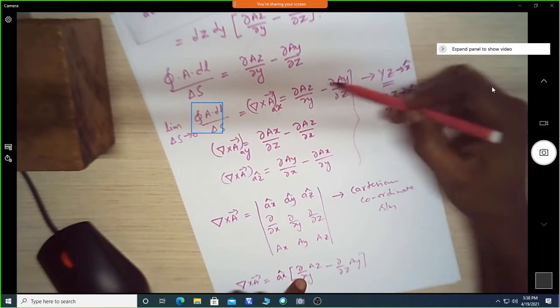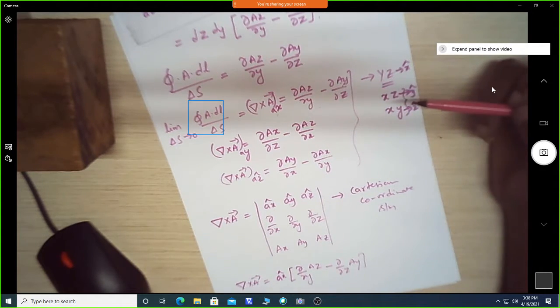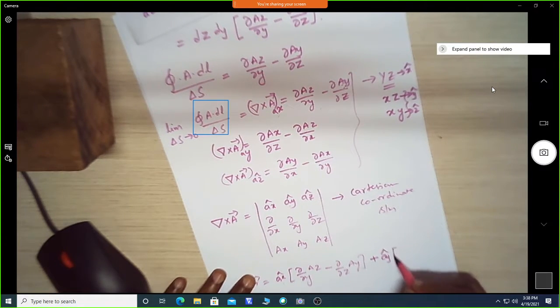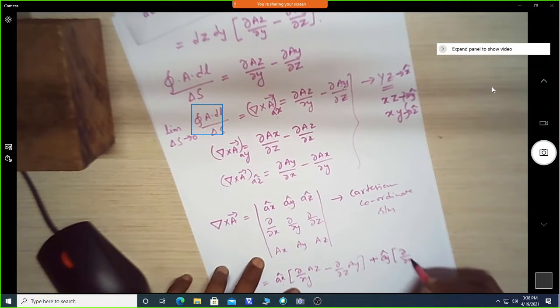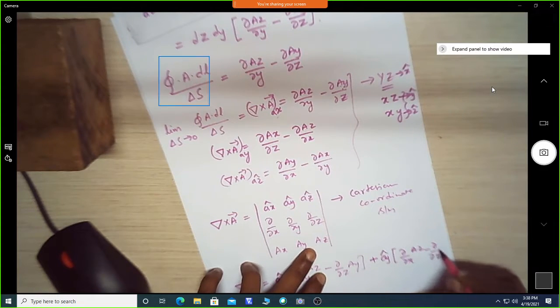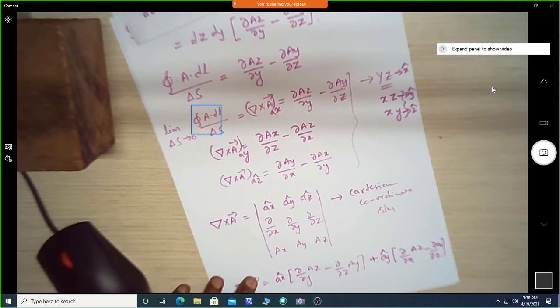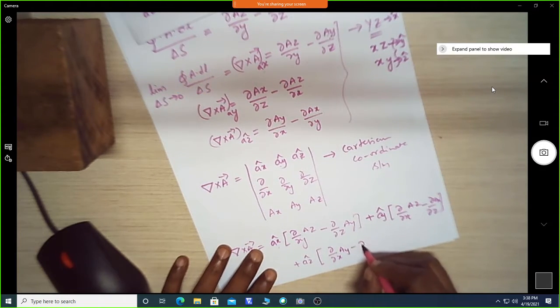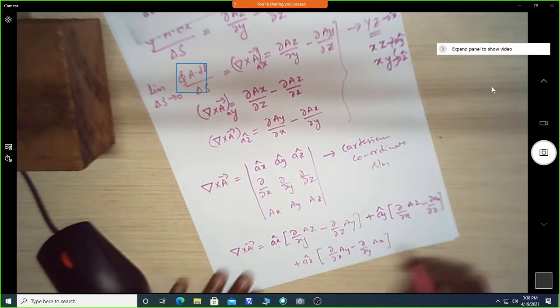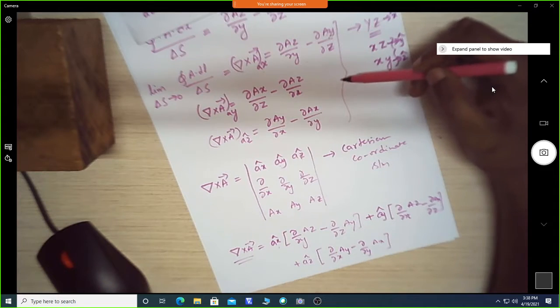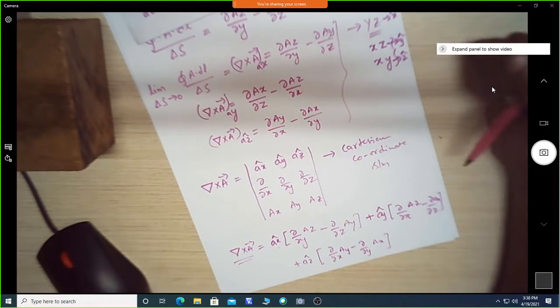Similarly in the ay direction, it is del by del z of Ax minus del by del x of Az. In the az direction, we can write del by del x of Ay minus del by del y of Ax. This is what we have derived, the curl of A in the Cartesian coordinate system.